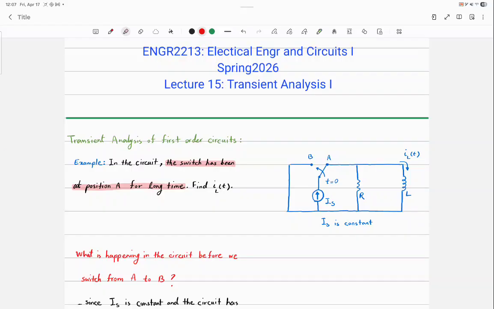It means that, for example, at t equals -2 seconds, the switch is connected to port A, or to node A, or to point A, right? And at t equals, for example, 5 seconds, which is a positive time, it's connected to B. Making sense? Okay.